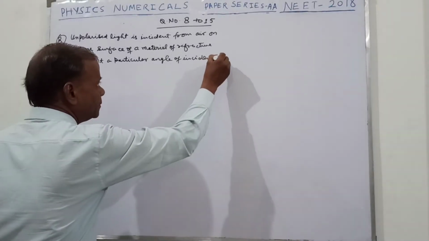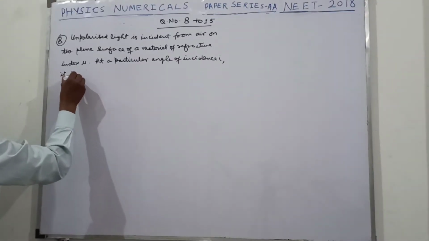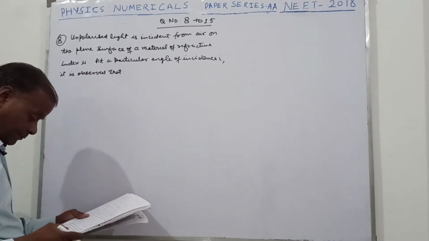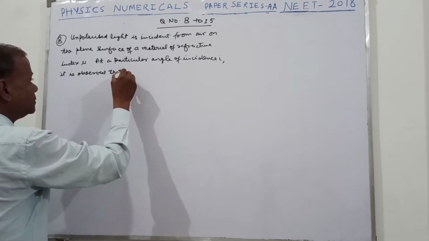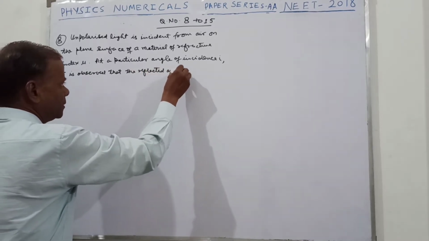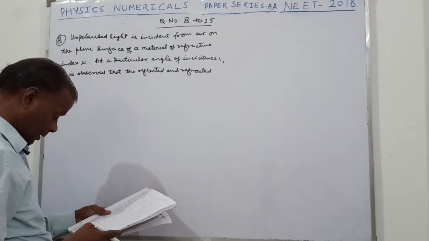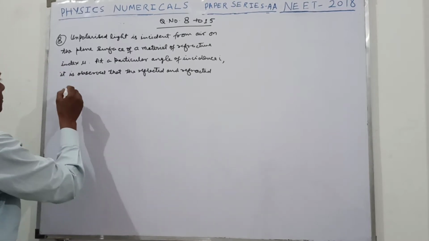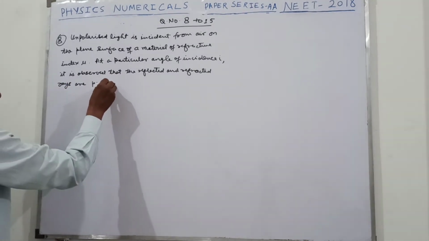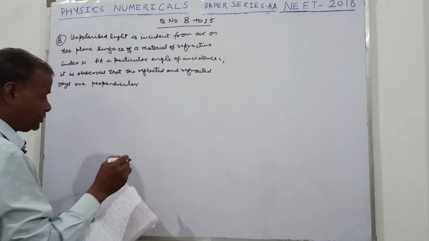At angle of incidence i, it is observed that the reflected and refracted rays are perpendicular to each other.